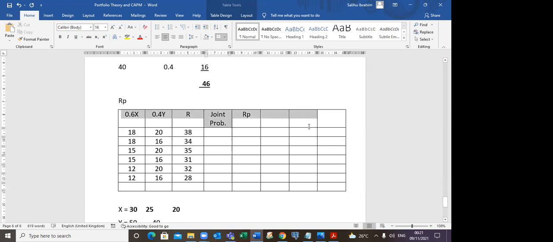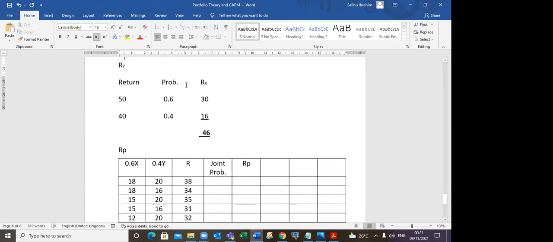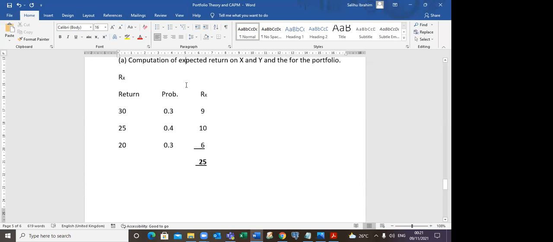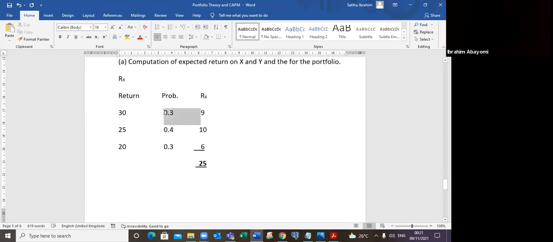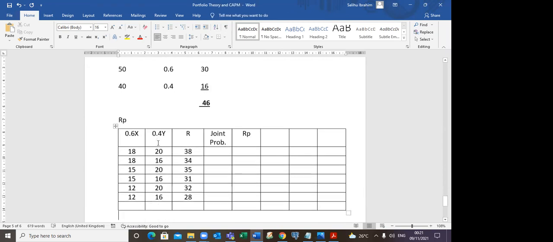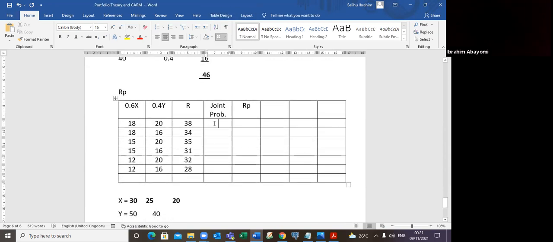So what do we have? 0.3 times 0.6. Probability of 30 is 0.3. Probability of 50 is 0.6. So 0.6 times 0.3 will give us what?